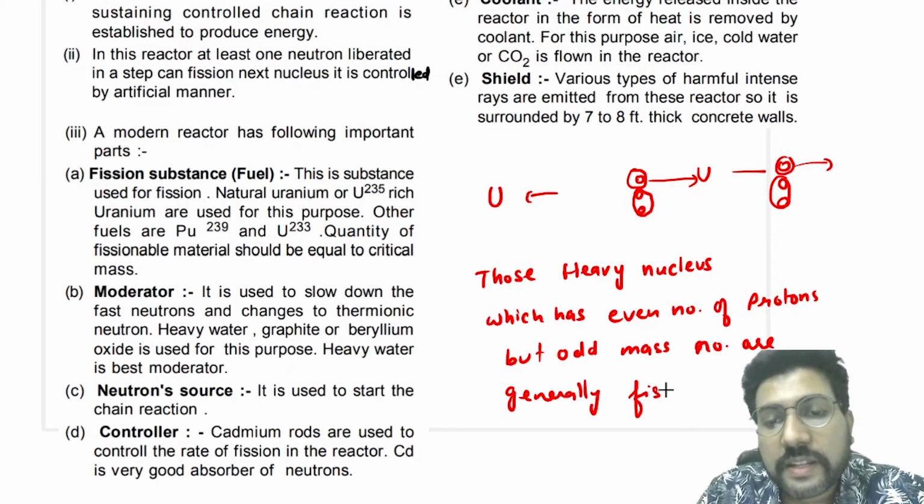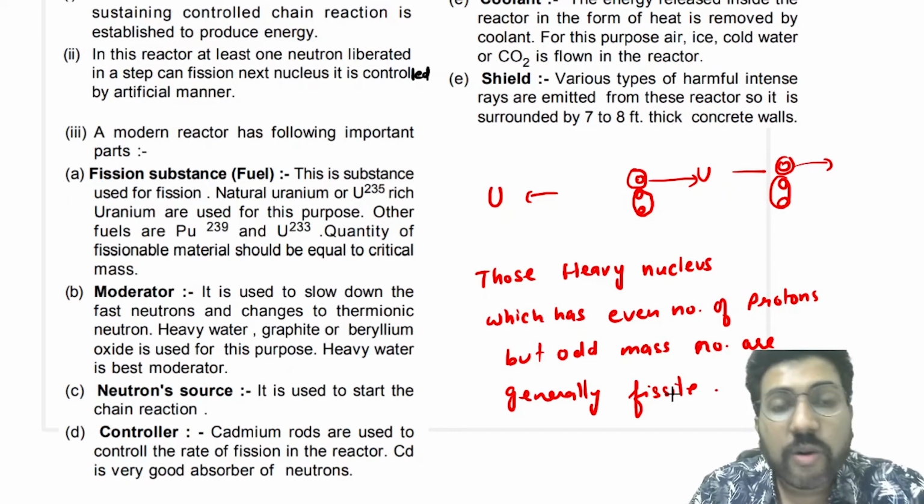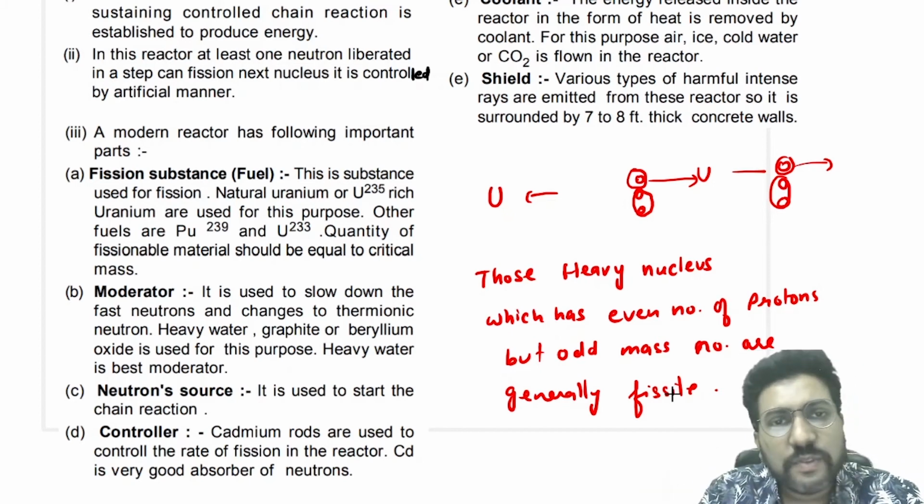For example, uranium-235, uranium-233, plutonium-239, all these are fissile. But uranium-238 is not fissile. It can undergo fission using a fast-moving neutron, but it cannot be fissile.